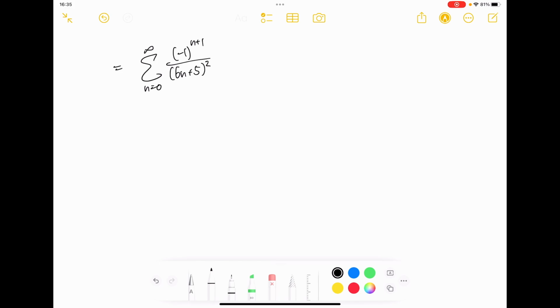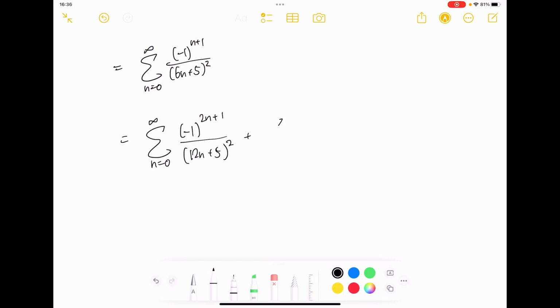So, anyways, we are going to split this into 2 sums, because we want an odd part and an even part for the exponent, just because this flipping signs every single time is annoying. So we're going to put the even part first, which means we substitute n with 2n, and therefore we get negative 1 to the power of 2n plus 1 divided by 12n plus 5 all squared.